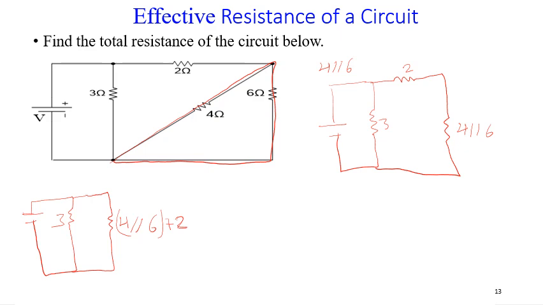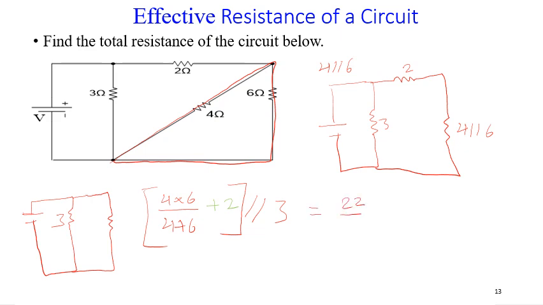Our RT is 4 times 6 all over 4 plus 6, plus 2, all parallel to 3.